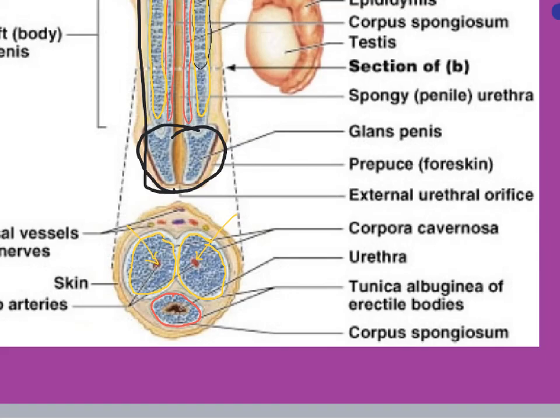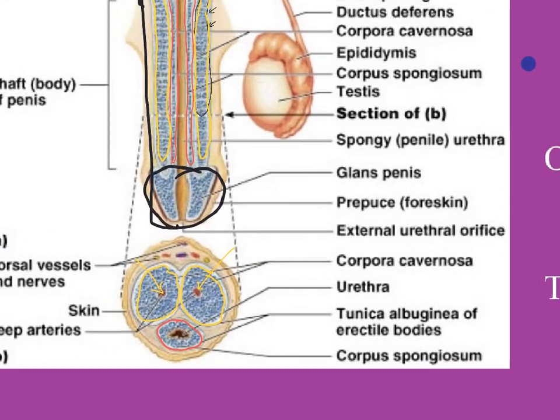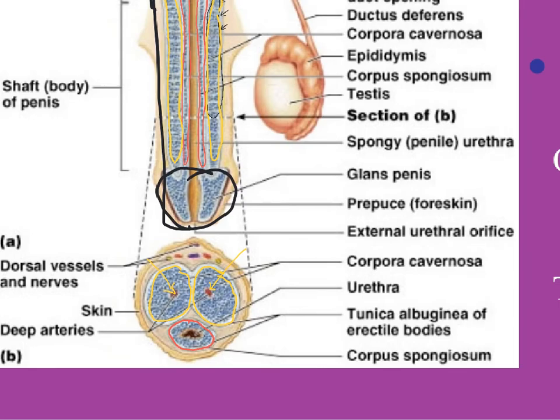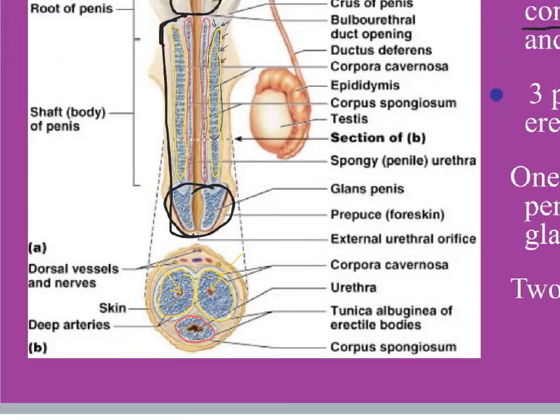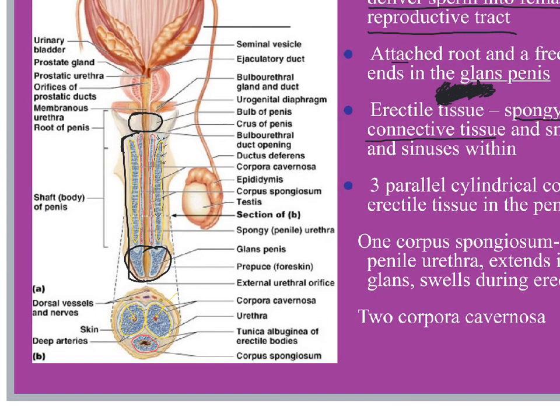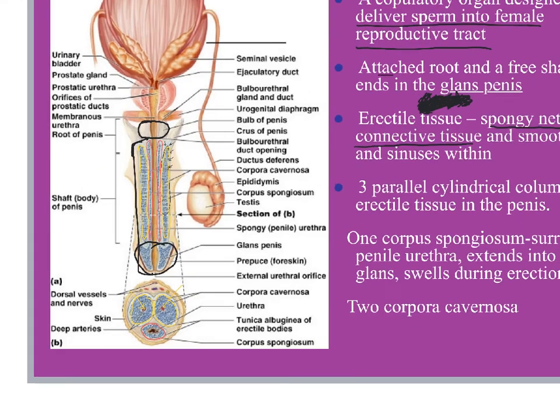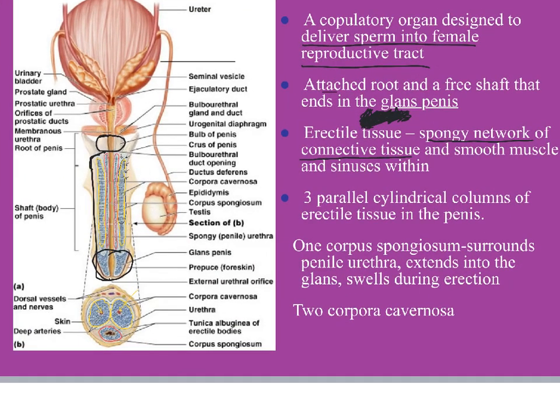So the blood vessels, and all the capillary beds surrounding, blood rushes to that area, and that blood collects in those spaces of the erectile tissue. And that causes the penis to grow in length and width and become a hardened structure that then is an effective tool for delivering sperm inside the female body.